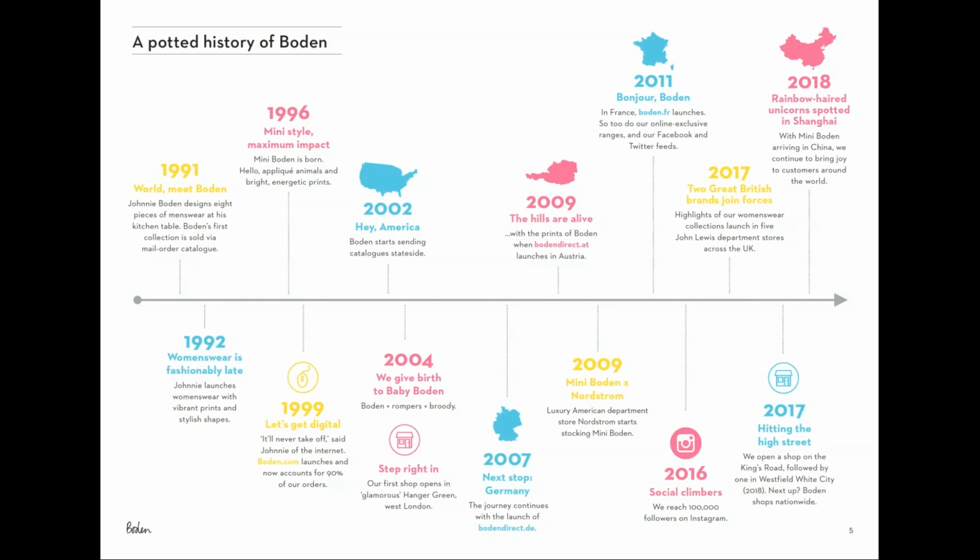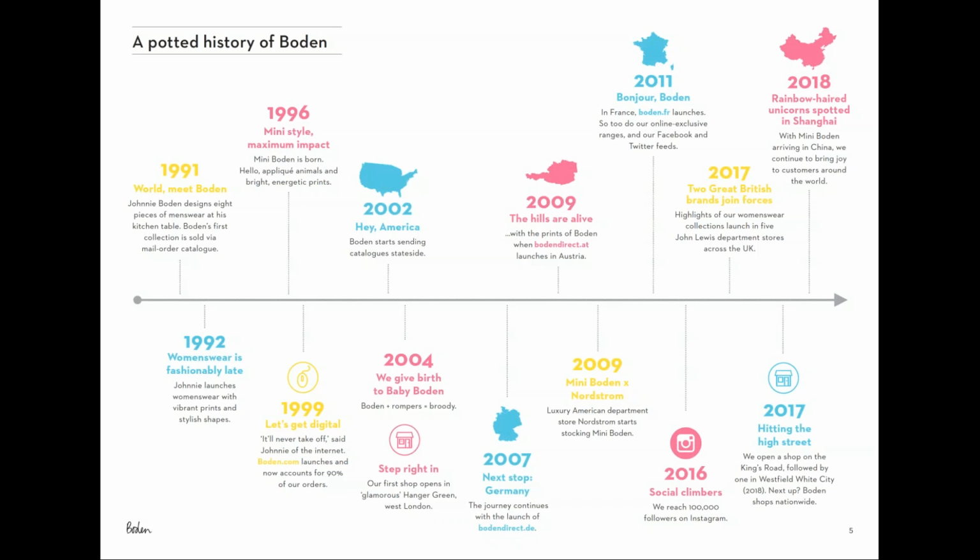We started with the US in 2002, followed by Germany in 2007, and quickly France. We also became multi-channel from 2009, starting with a collaboration with Nordstrom, where we started selling our mini range.